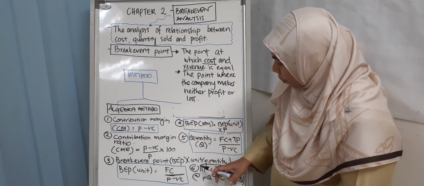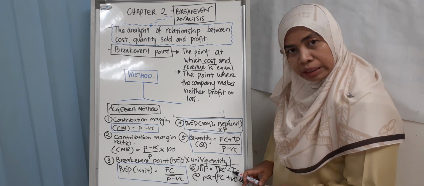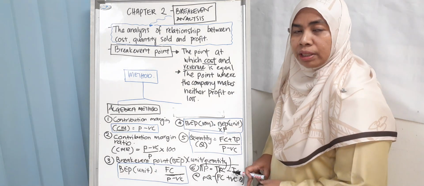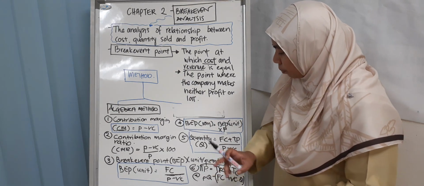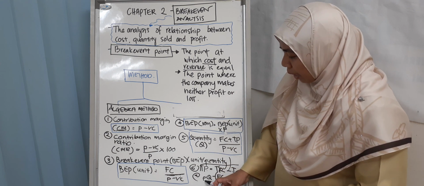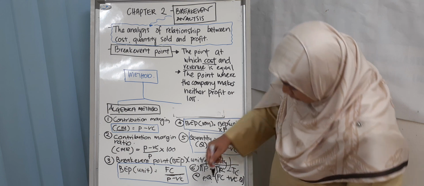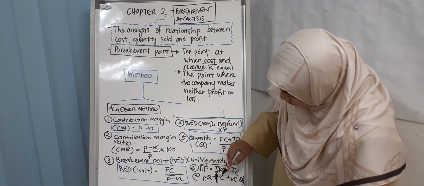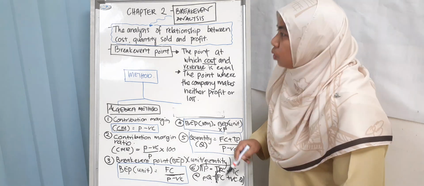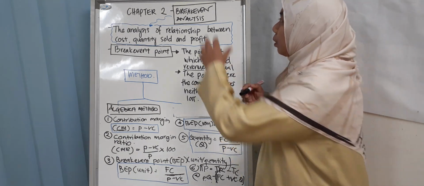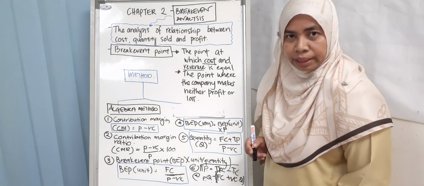The formula for total profit is total revenue minus total cost, same as the previous lesson. Another formula is price times quantity, minus fixed cost plus variable cost times quantity. So this is all about break-even analysis in the algebra method.